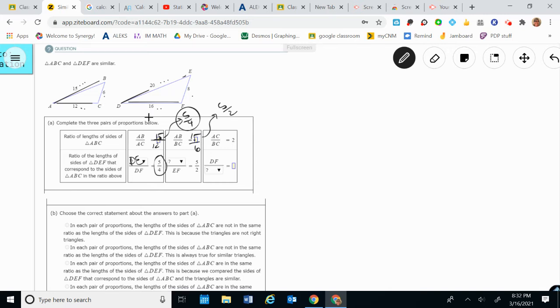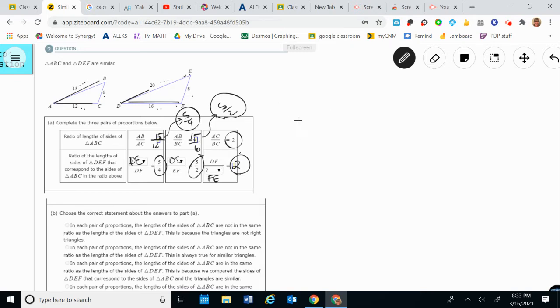And this time we did AB to BC, so that's DE over EF, and that's 5/2. Look, 5/2, 5/2. It's the same. And then DF, which is 16 over 8, is 2, and that's going to be FE. So basically you're just naming corresponding sides. And then what's cool about it is you can set up these ratios.